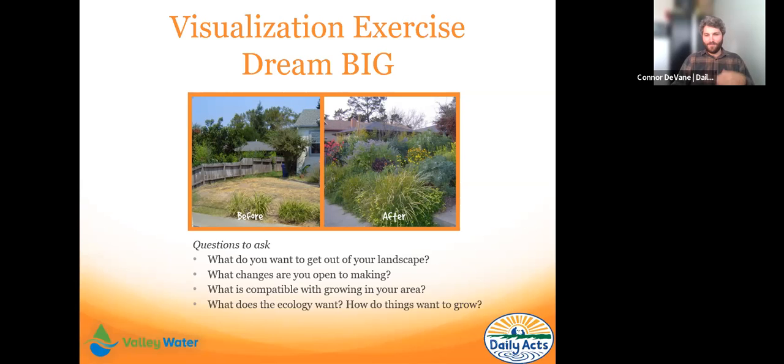So they went from a thirsty monocrop lawn to this abundant garden inspired by forest, full of pollinators, smells, colors, textures, so much food. Just the key takeaway here is that the possibilities are endless. We're kind of, in many cases, working with a fairly blank canvas.